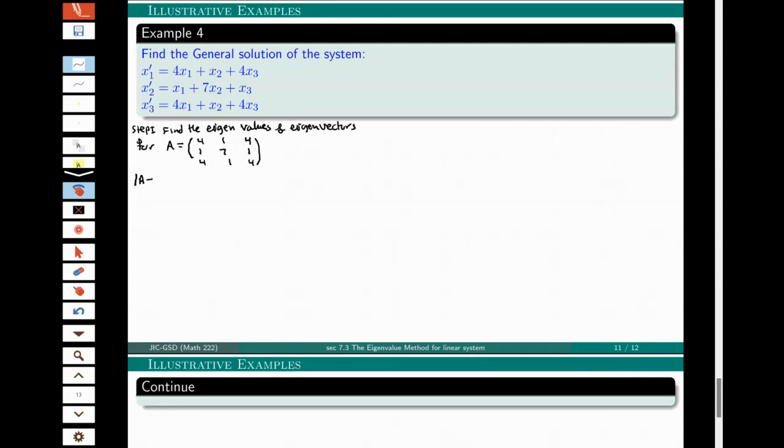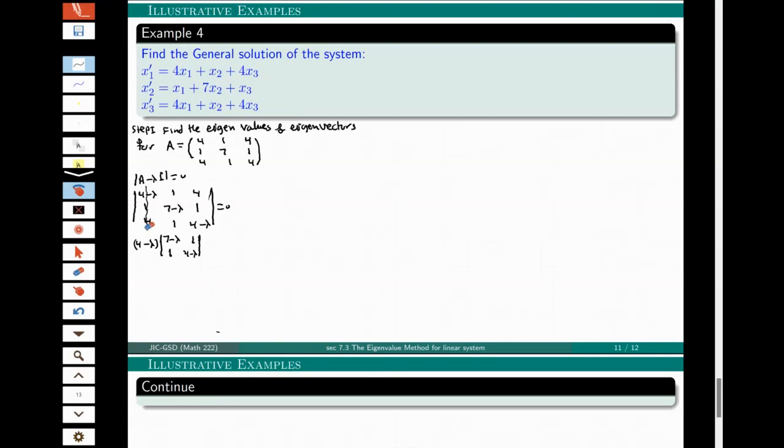So we will solve again A minus lambda I equal to 0. That is 4 minus lambda, 1, 4. That's 1, 7 minus lambda, 1. That's 4, 1, 4 minus lambda equal to 0. So that will be 4 minus lambda times the minor of that one, which is 7 minus lambda and 1, 1 and 4 minus lambda.